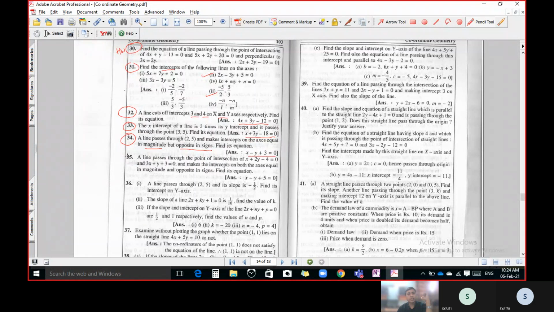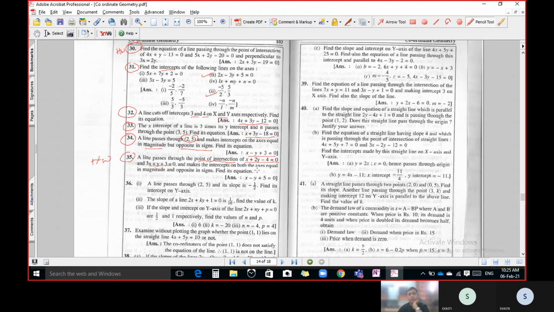Okay. Question number 35. Try to solve by yourself. Let us discuss this question. A line passing through the point of intersection of this and this. So first of all, solve these two equations. You will get one point, and then the remaining part is same.